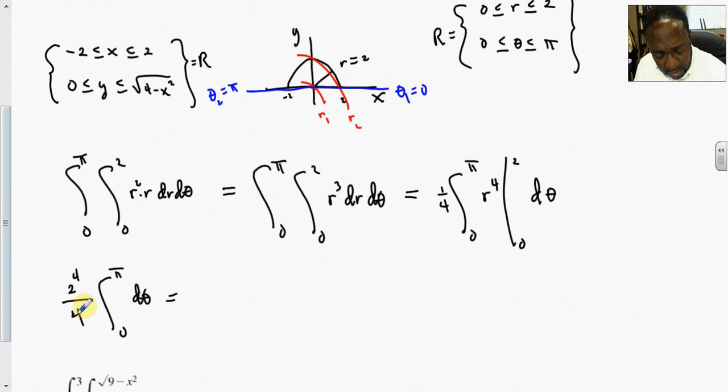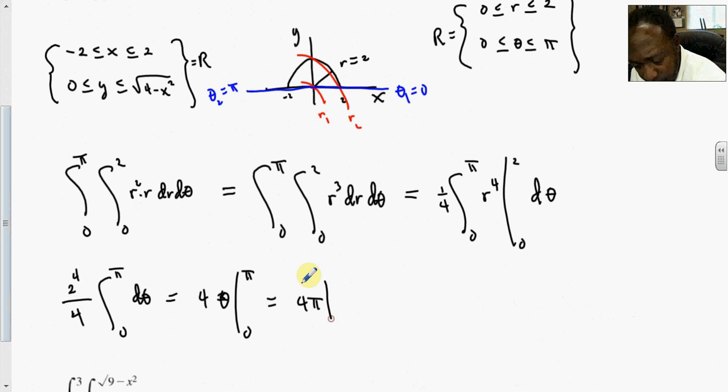So we get 16 divided by 4, and so that gives us here a 4. And then we integrate here, we get theta. Theta is evaluated from 0 to pi, and so our answer is just 4 pi.